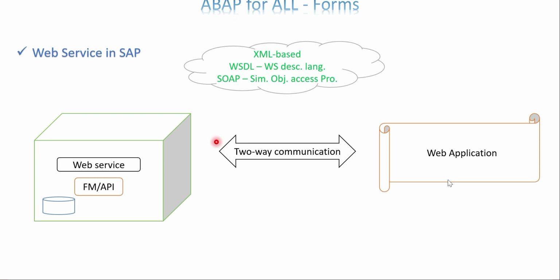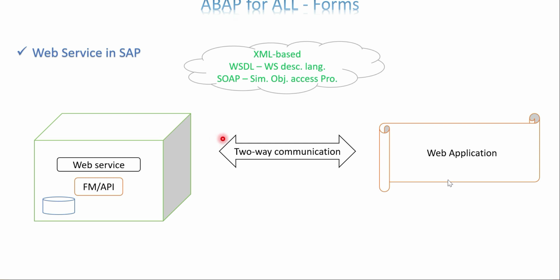Just check what the extension of WSDL is. That's what we are going to use in this web service, and SOAP also plays a major role in this communication. It's the Simple Object Access Protocol, that is called SOAP. I think I'm right. So these are things to just remember.